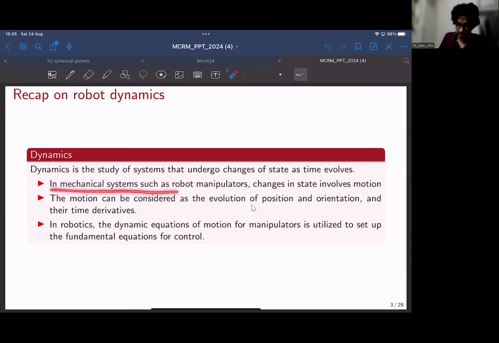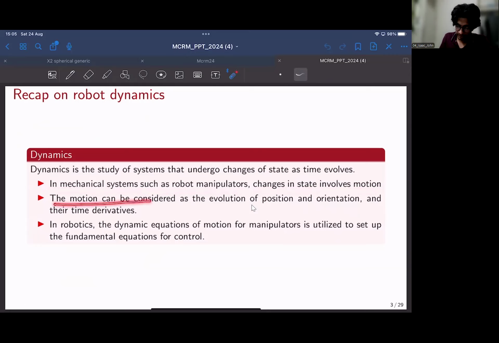In mechanical systems such as robot manipulators, the change of state involves motions. In a robotic manipulator, its state is defined by its configuration, which is defined by its joint variables. If the state changes as time evolves, the study of all the states involved, maybe positions, velocities, forces, is what we cover in robot manipulator dynamics.